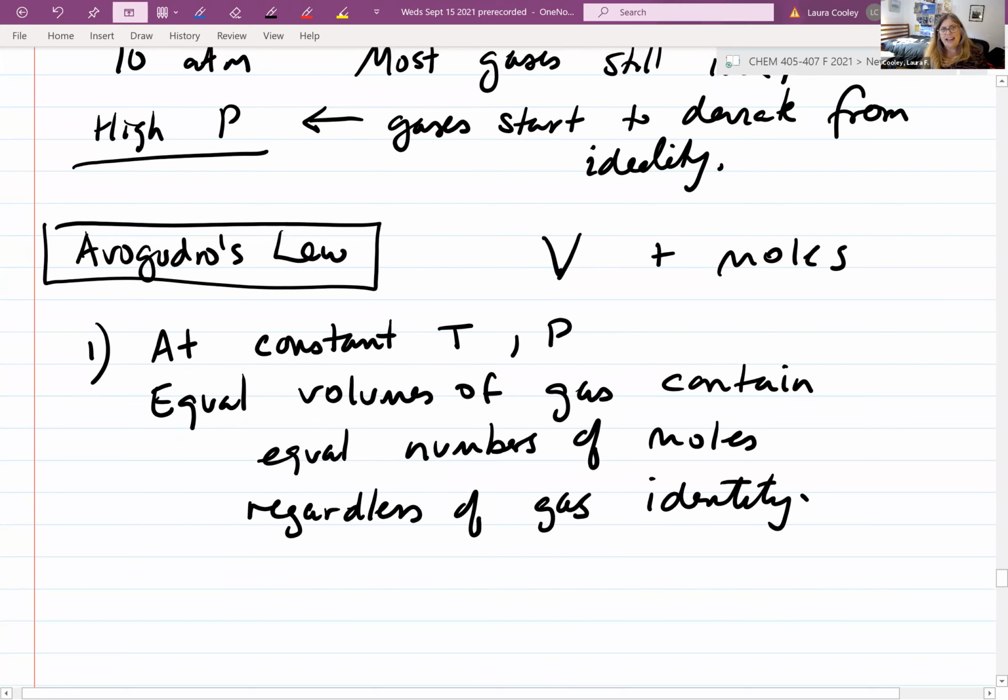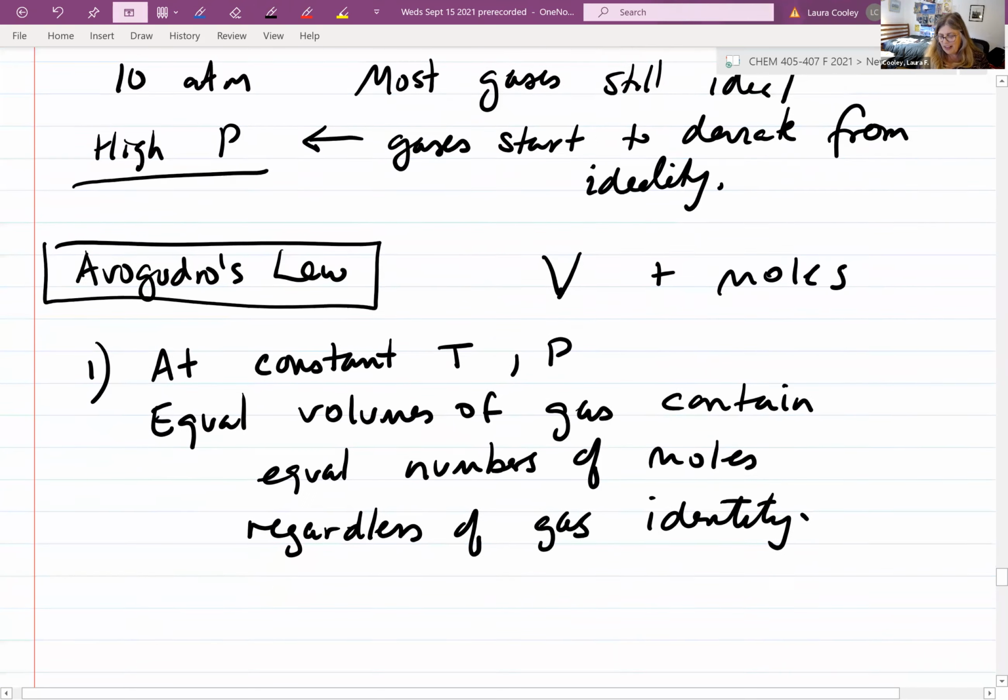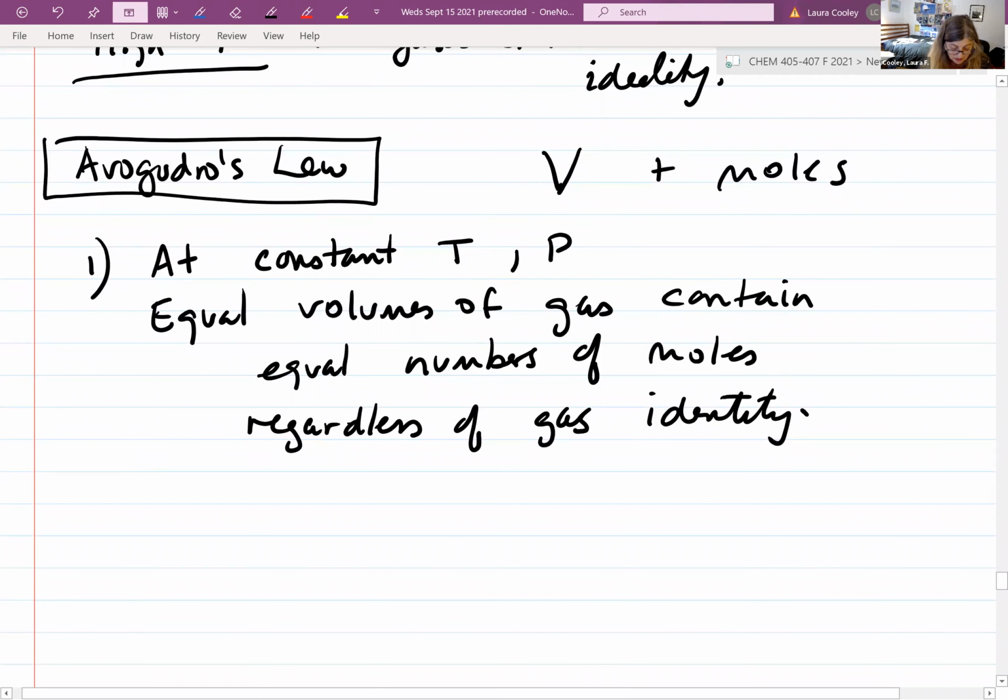This is true when the gases are ideal, and that's at somewhat low pressures. The second part of this law is that the volume is proportional to the number of moles.